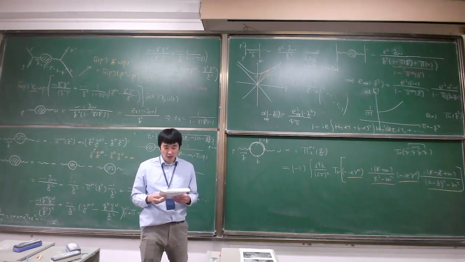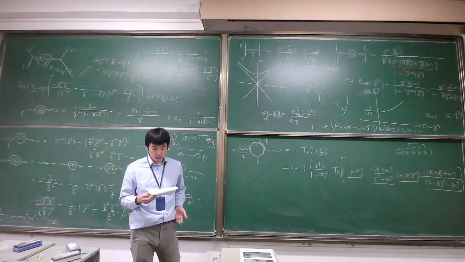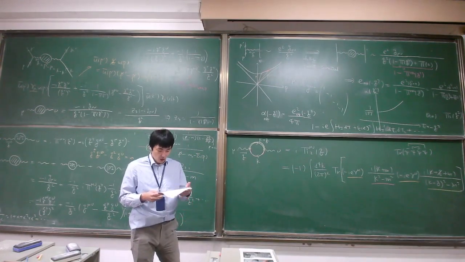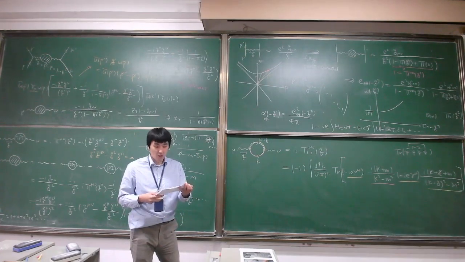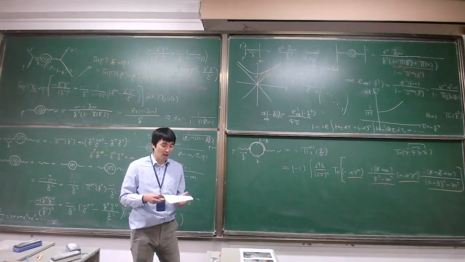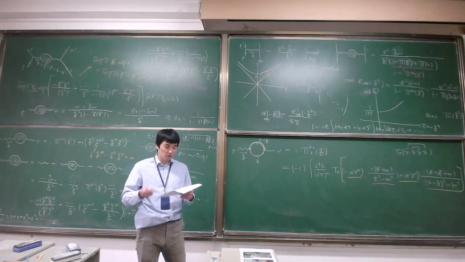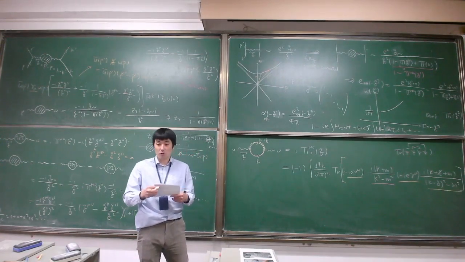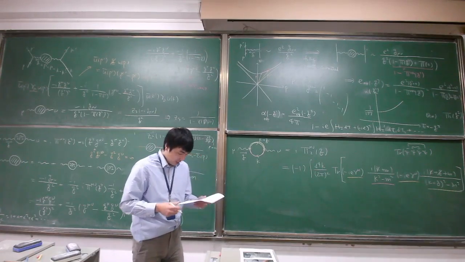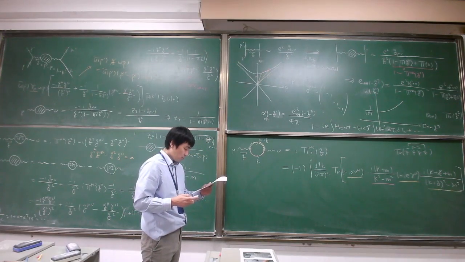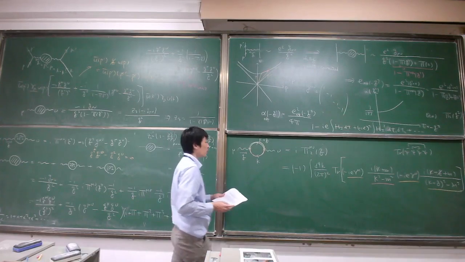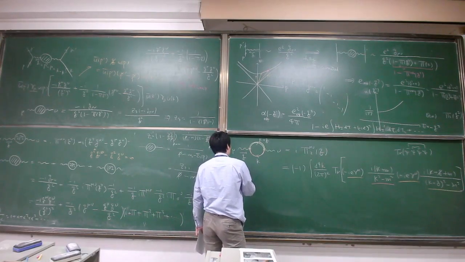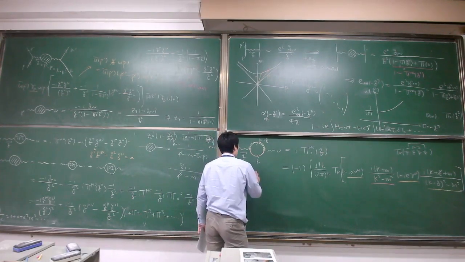It's a much more elegant way to do this kind of regularization than Pauli-Villars. So in QFT2, I don't know how he teaches, but in QFT2 you have to use dimensional regularization often, I guess. But you never know.